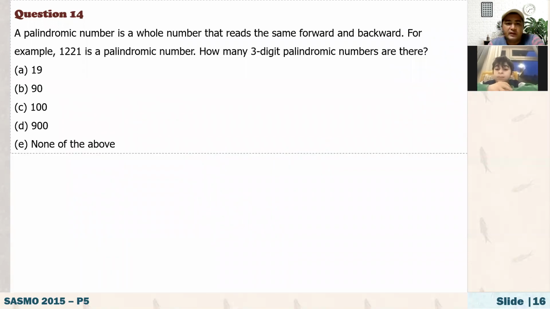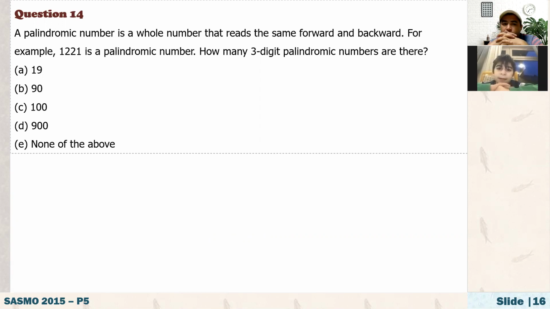Okay, next question. Read the question. A palindromic number is a whole number that reads the same forward and backward.